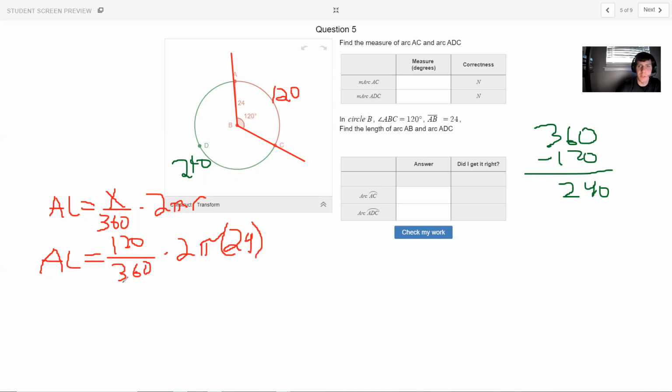Okay, you can go ahead and put that in your calculator if you want, but if you want to reduce it manually, we're going to have 1/3. Right, 120 over 360 is 1/3 times 2 times 24 is 48. And then 1/3 of 48 is going to be 16 pi. And they don't have units for us, so we'll just say units.